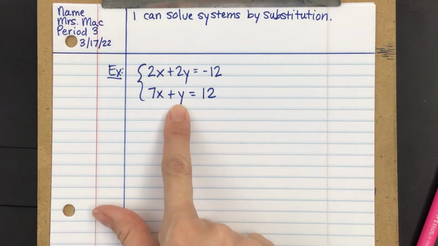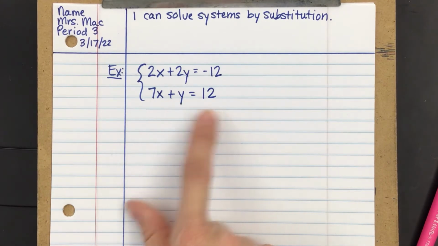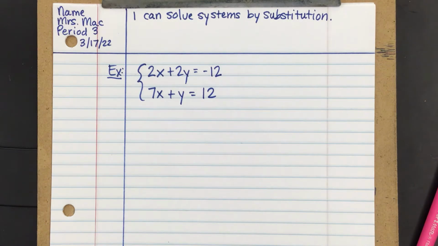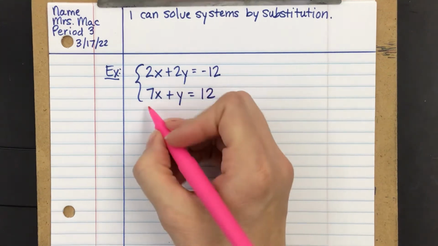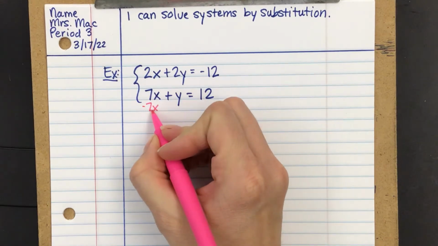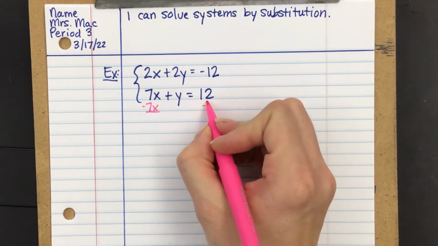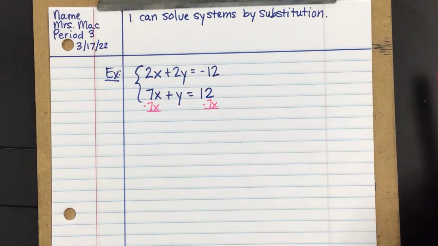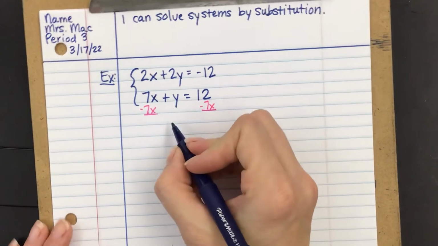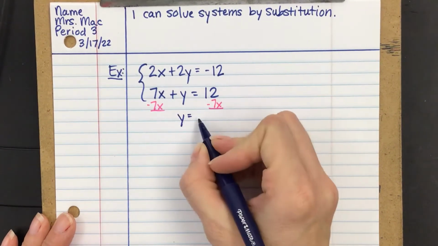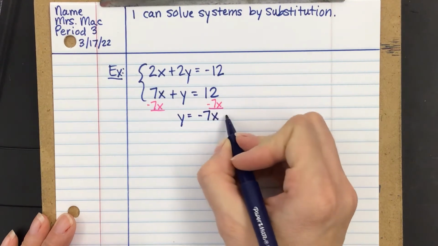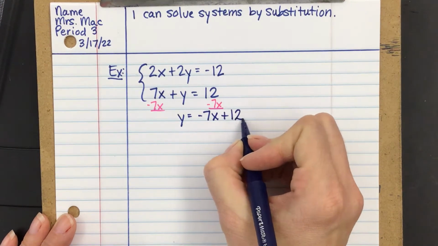But if I chose this one right here, the y, all I would have to do to solve for y is subtract 7x from both sides. One step. So that's what I'm going to do. I'm going to subtract 7x from both sides. And I get y is equal to -7x plus 12.